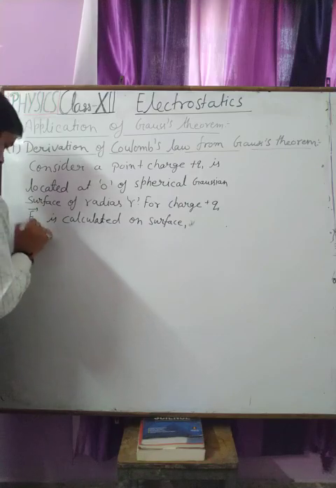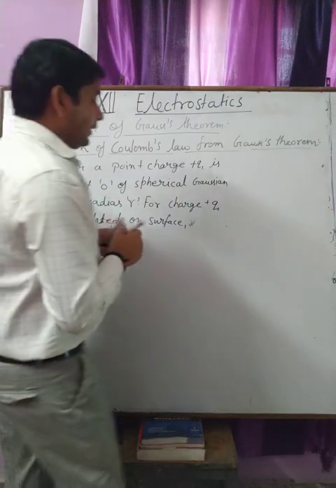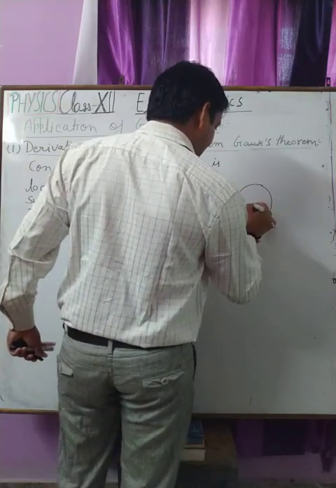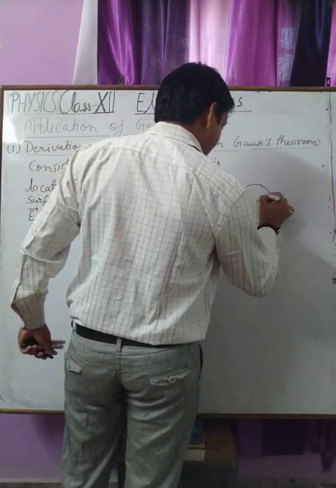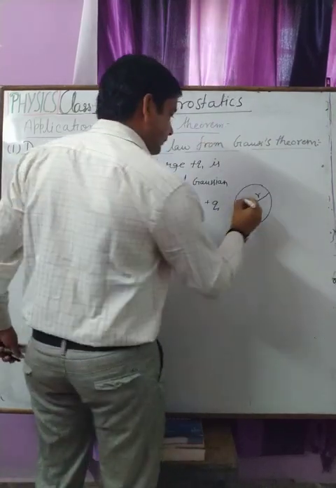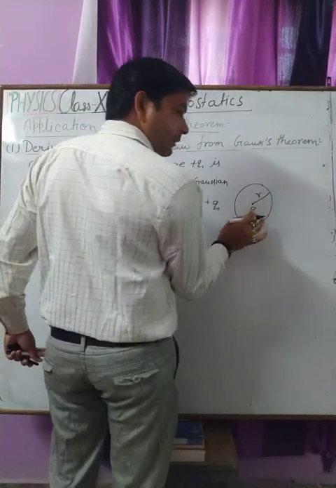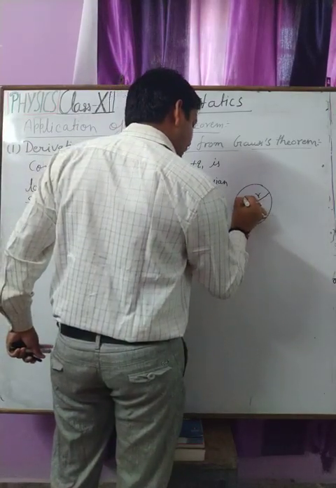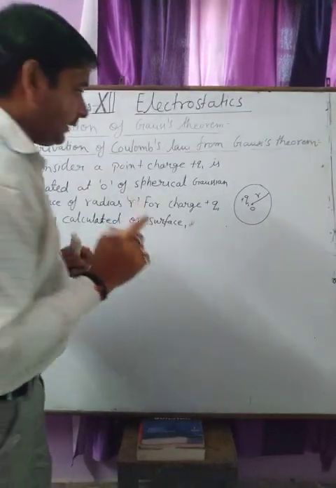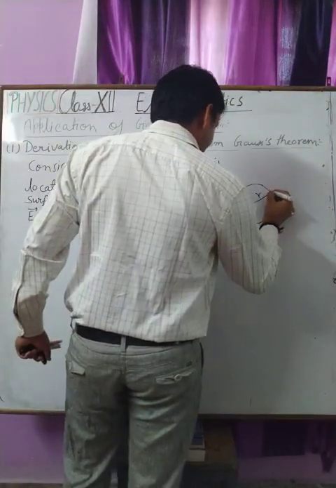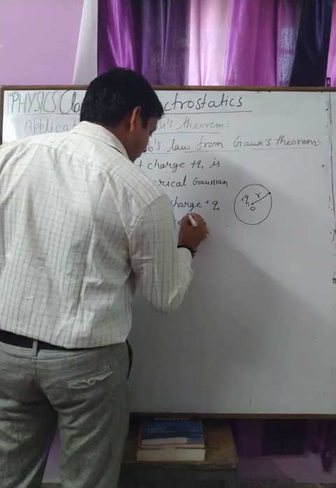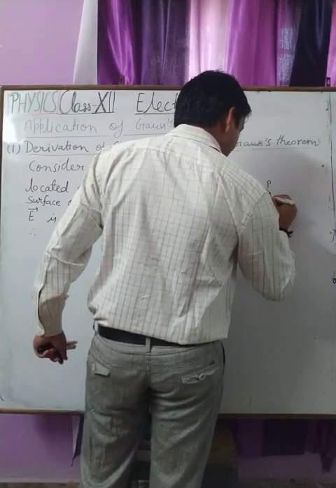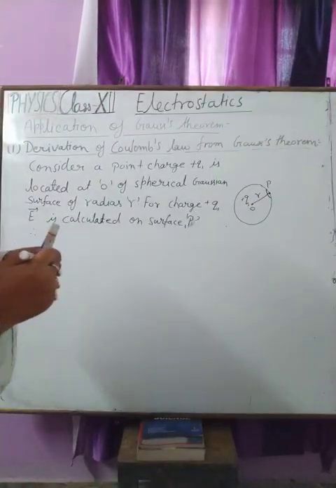Therefore, we have a spherical Gaussian surface of radius r, at whose center O the +q1 charge is placed, and on the surface a point P where we need to calculate the electric field.